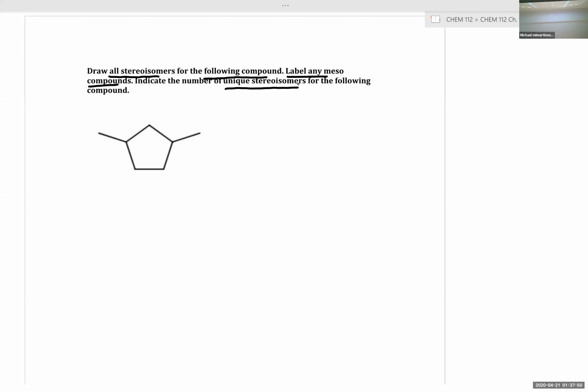And if you'd like, you can message me your answer for how many unique non-identical stereoisomers we have for the following molecule. And just a hint, the 2 to the n formula is the maximum. The actual amount you observe depends on whether or not you have meso compounds, which are identical. So let's take about 3 to 4 minutes to work through this problem, and then we'll come together to discuss.